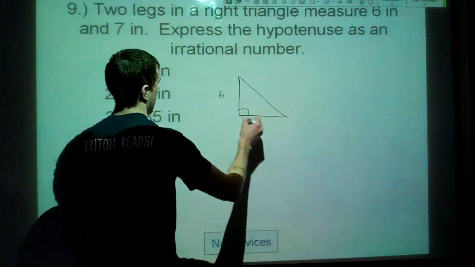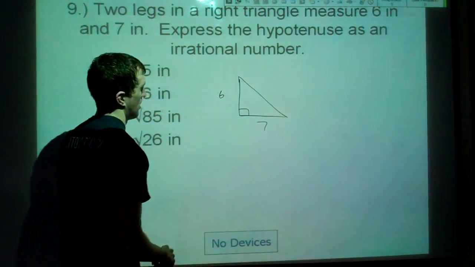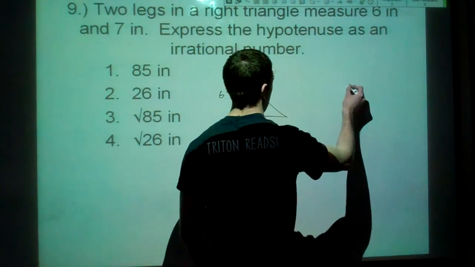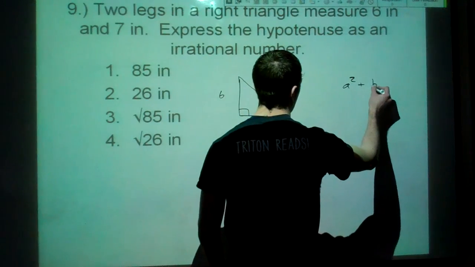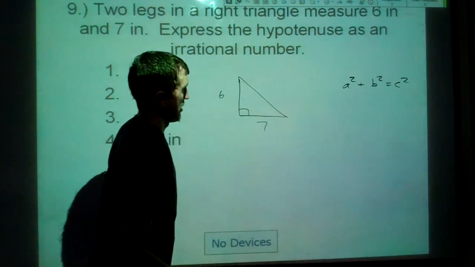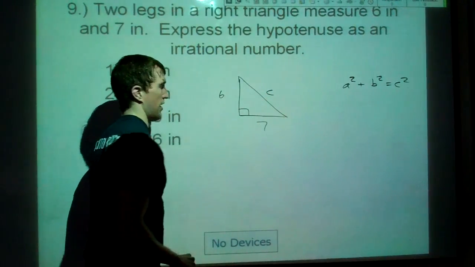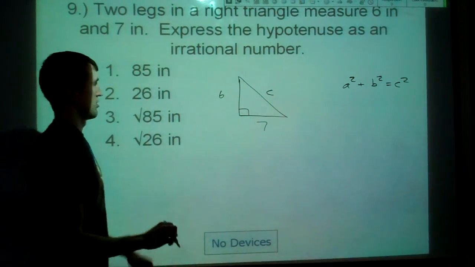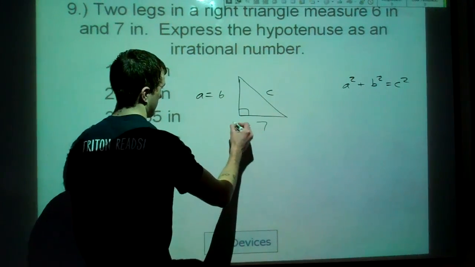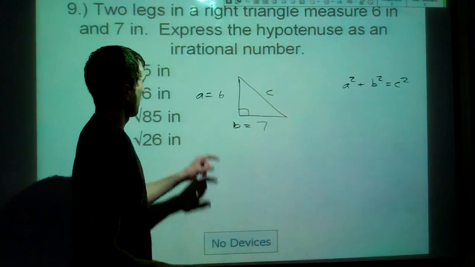So let's call this 6 and 7. And we had our Pythagorean theorem, a squared plus b squared equals c squared. Hypotenuse is always c, and then a and b can interchange, it doesn't matter. So let's just call a is 6 and b is 7. Then we just plug it in.